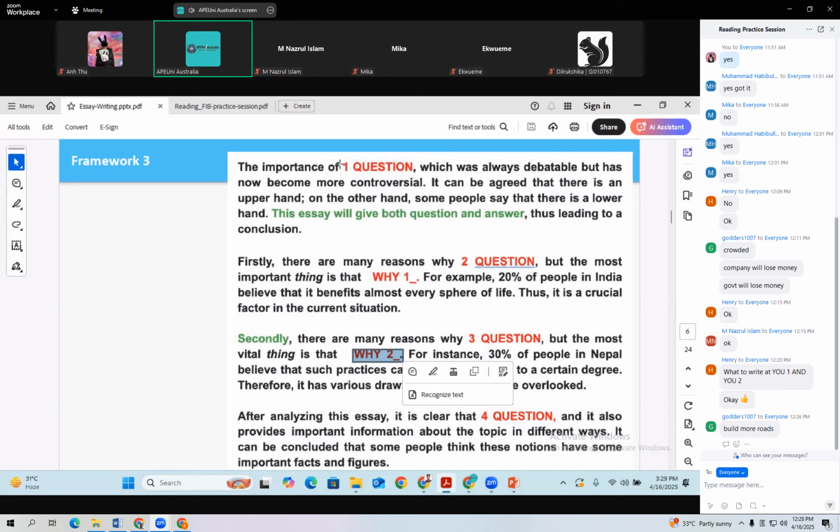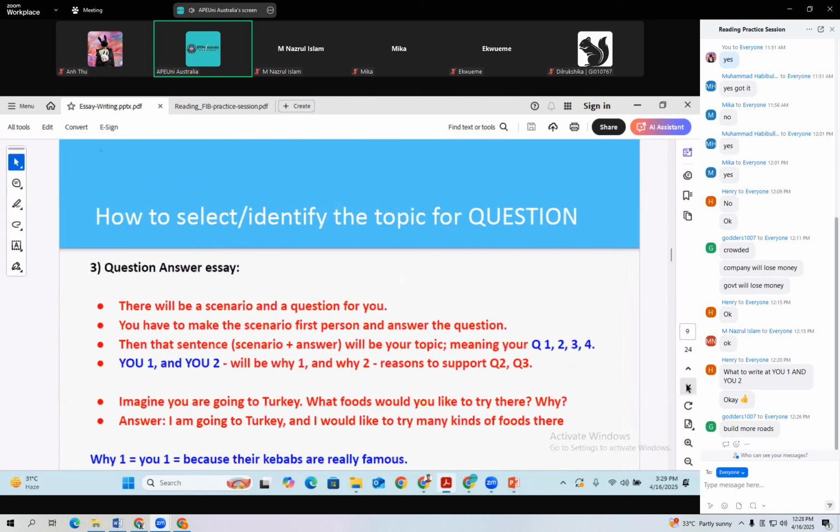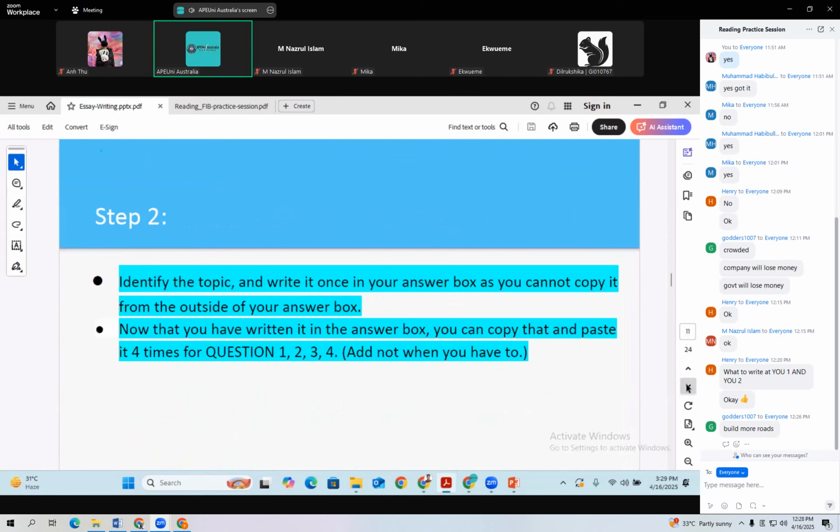The importance of being prime minister, or you can say the importance of being myself as a prime minister. Or you can say it this way, in a very easy way we have written that here.